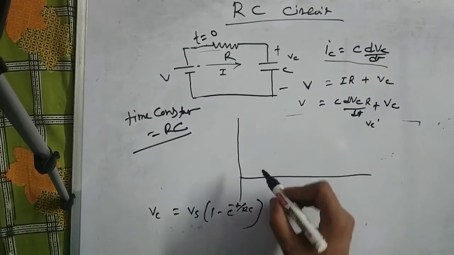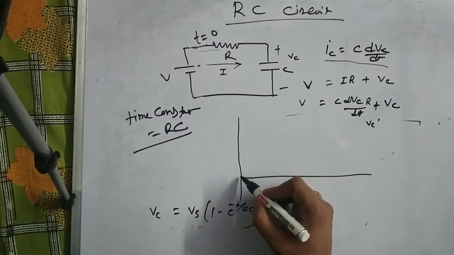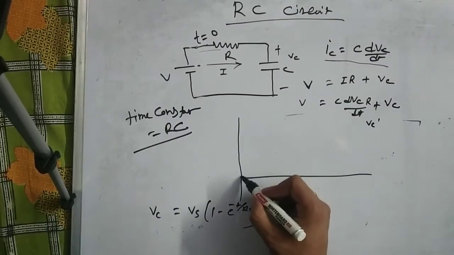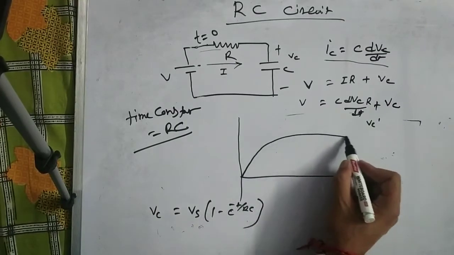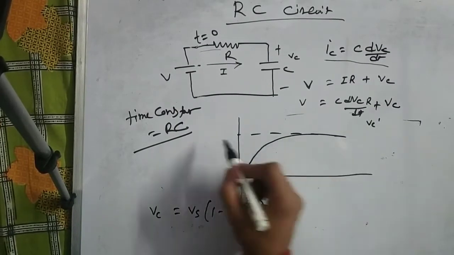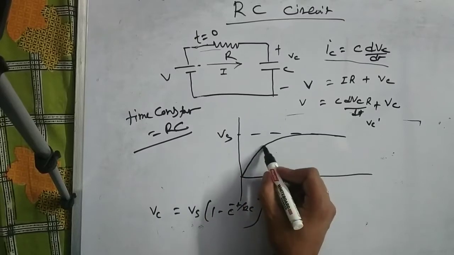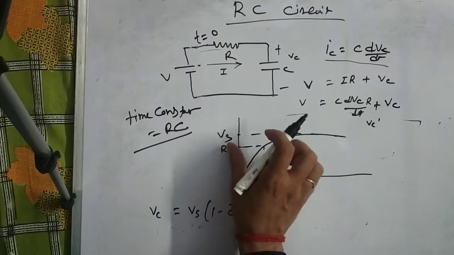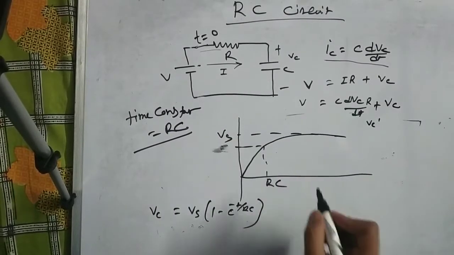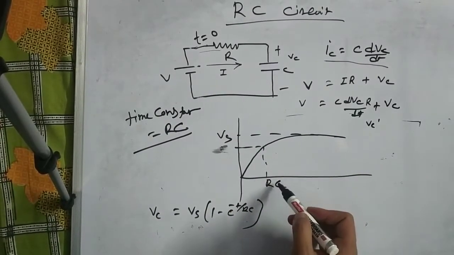At t equal to infinity, it will charge to the Vs voltage. So the curve will be like this. This is the Vs voltage, and this time is RC, the time constant.